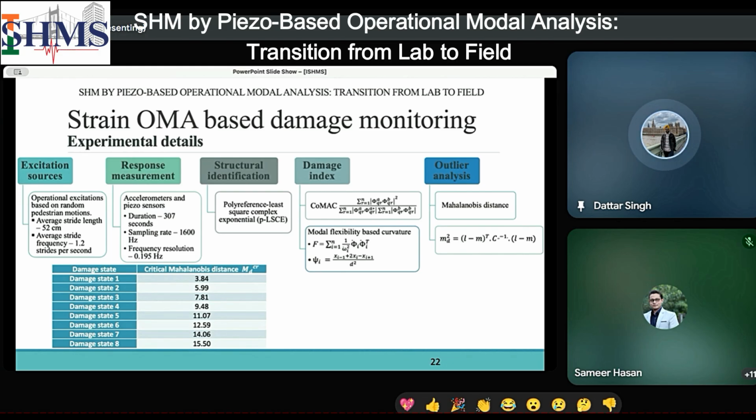If we assume the damaged node to be an outlier, the frequency, curvature, or COMAC values of that node would lie outside the group of non-damaged elements. So it would have a higher Mahalanobis distance than the non-damaged elements, and we can identify it as the damaged node or the location of the damage.